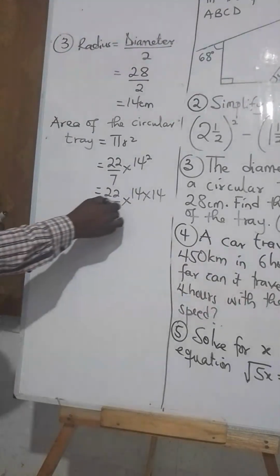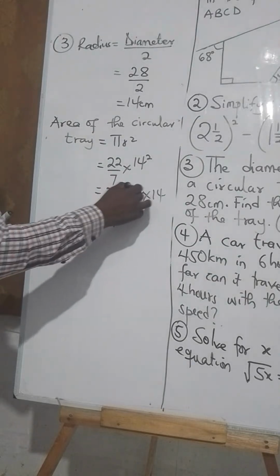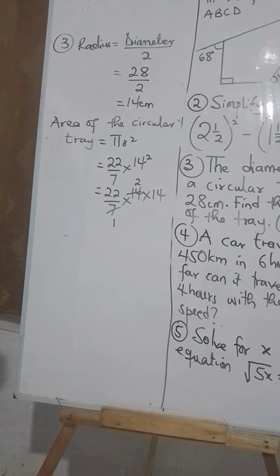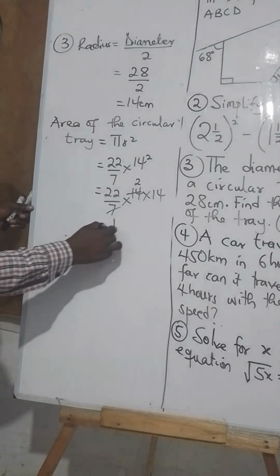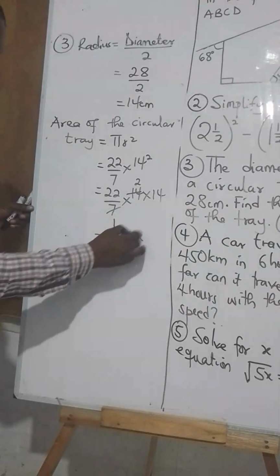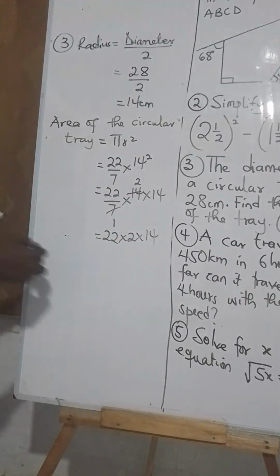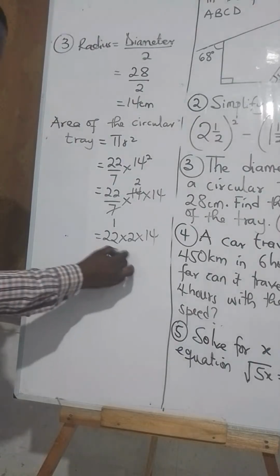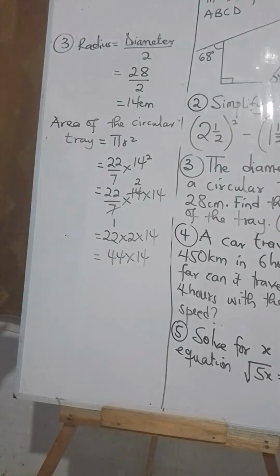So 7 here, 1, go into 14, that is 2. So we get 22 by 2 by 14, right? So this will give you 44 by 14. Then we multiply from here.